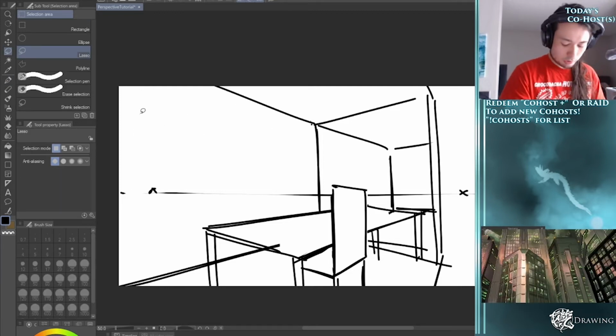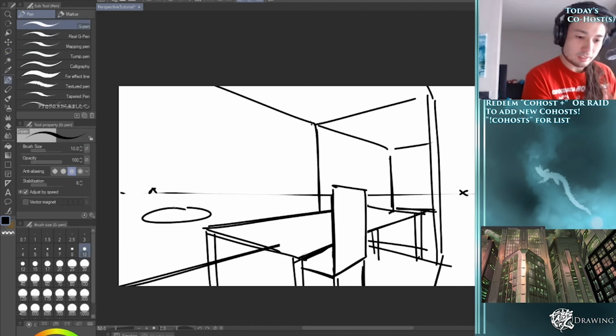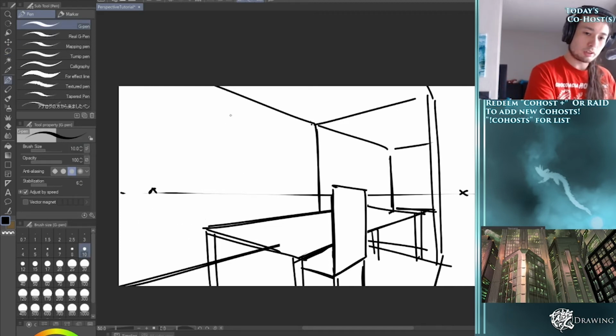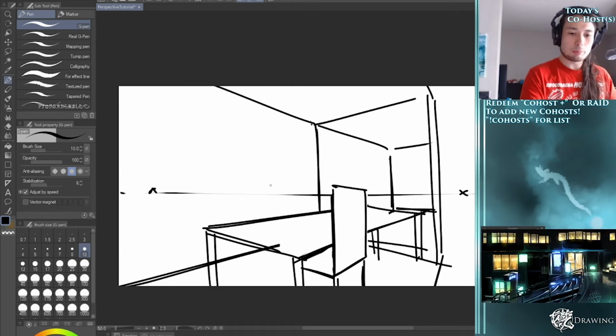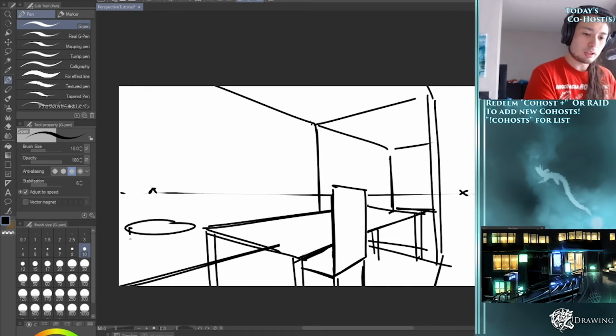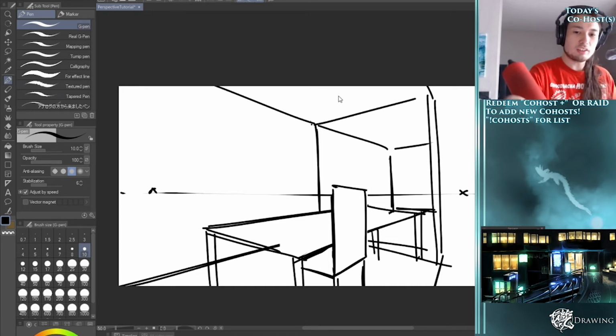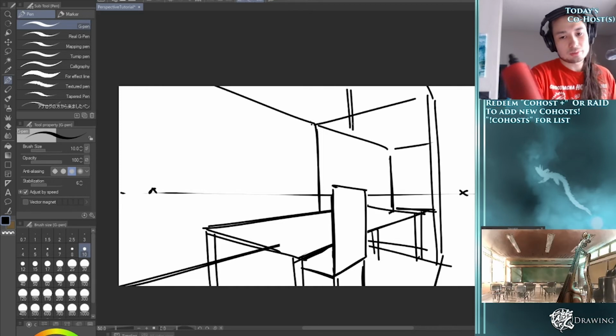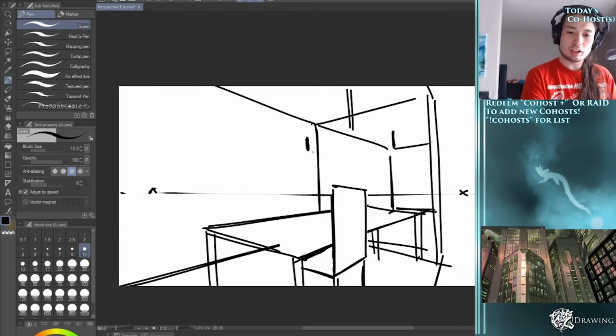So now all we want to know is, are we looking down on it? Are we looking up on it? Well, if it's above this horizon line, then we must be looking up at it. And if it's below, then we're looking down. If the chandelier is here, say, here's our verticals for the chandelier. Well, we're looking up because it's above the horizon line.